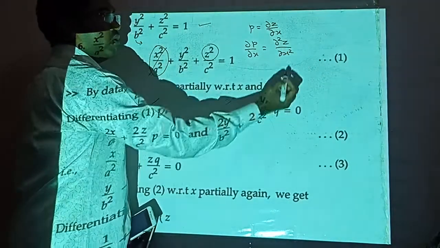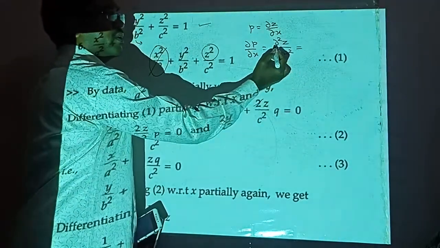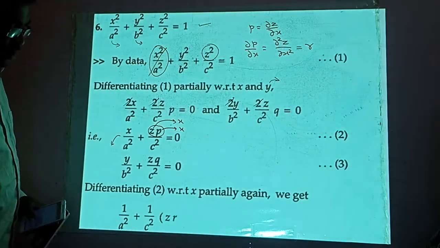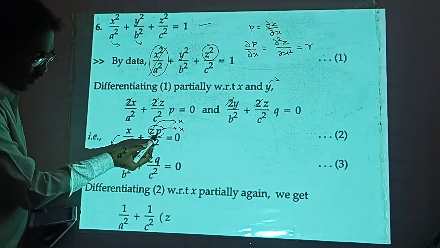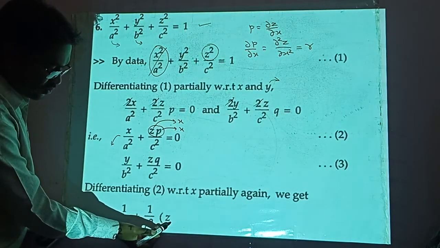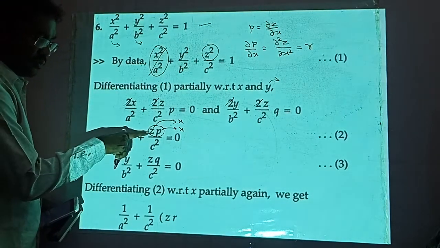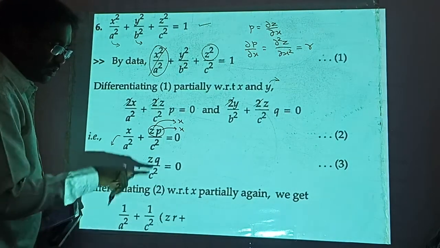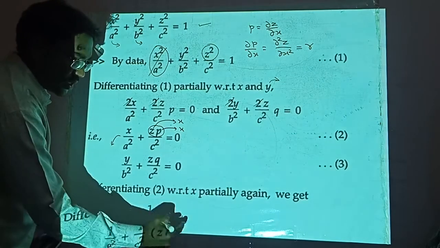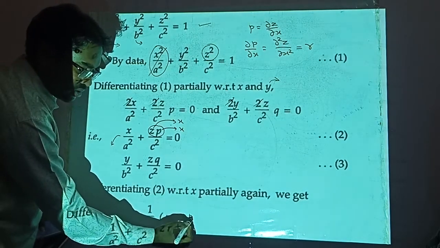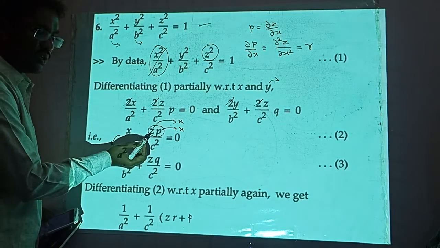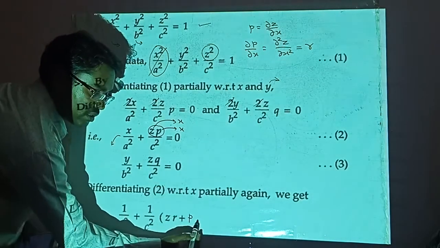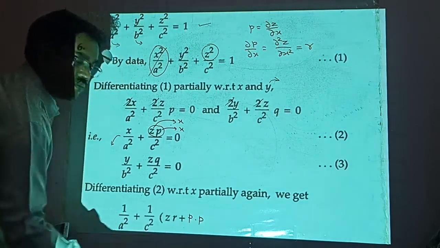We already know what we had called ∂²z/∂x². It was called r. So differentiation of p with respect to x will be r. The first function as it is, differentiation of second function, plus second function p as it is, differentiation of z, that is ∂z/∂x. ∂z/∂x is again p.